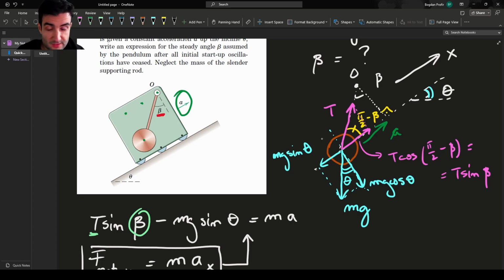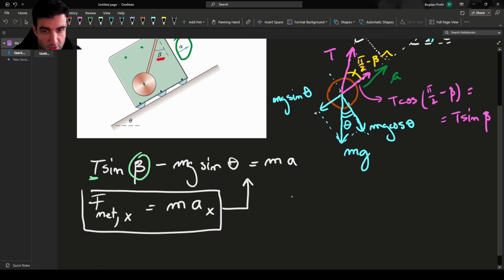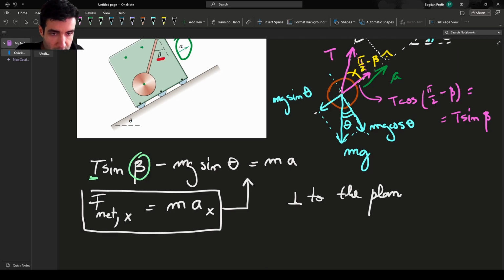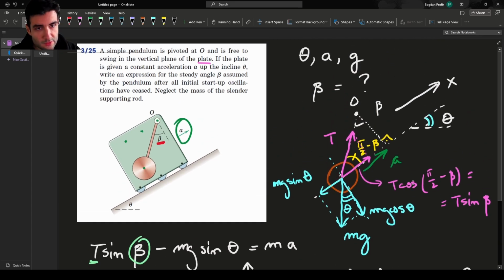To find another equation, we need to look at the equation of motion in the direction perpendicular to the plane. The reason is that in the direction perpendicular to the plane, there is no acceleration. I'm going to call that a_y.